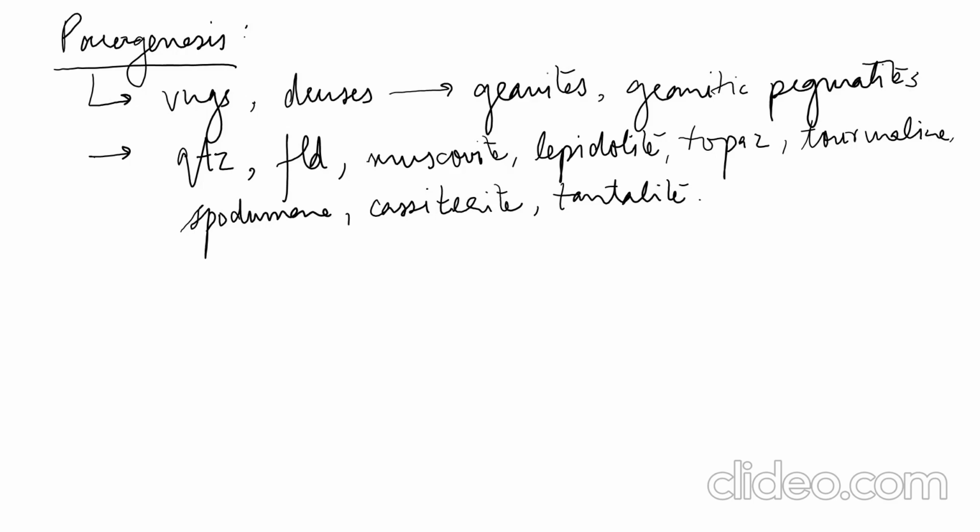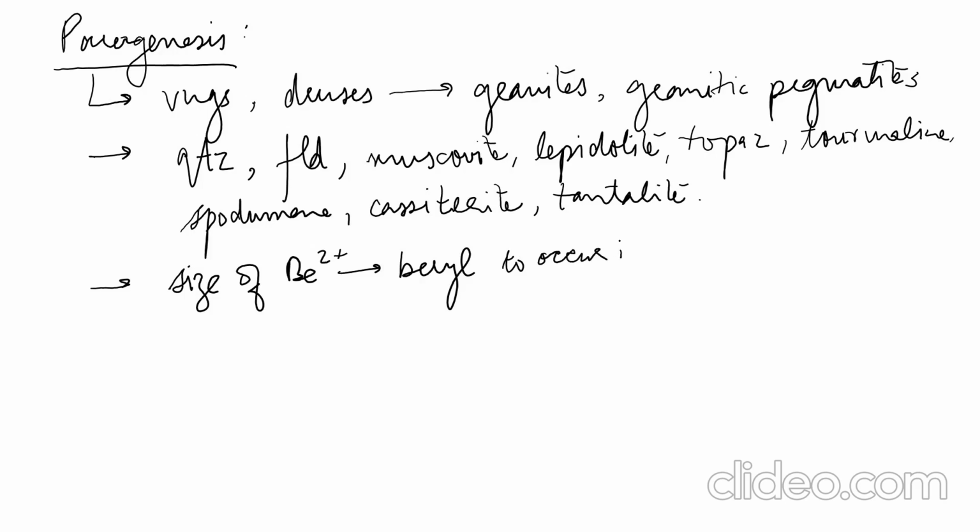So the smallness of the beryllium ion governs why this beryl occurs in granitic pegmatites. Now, what happens here?